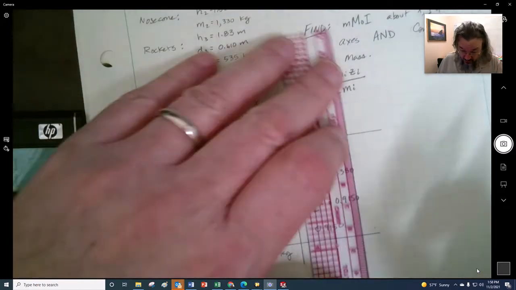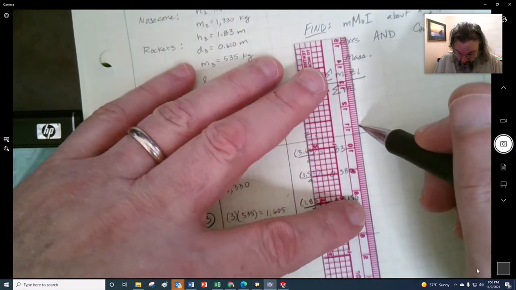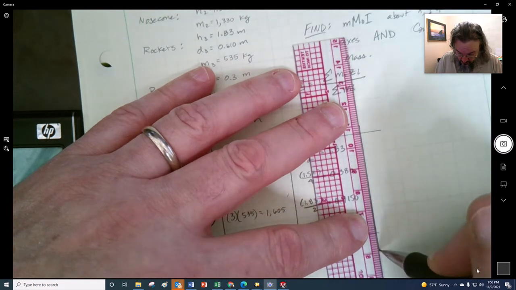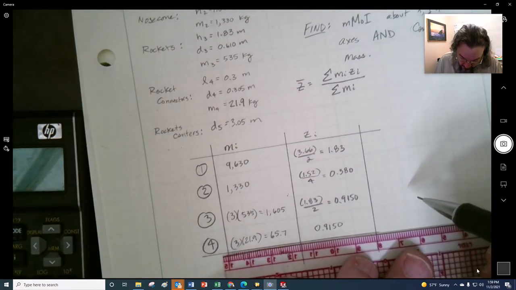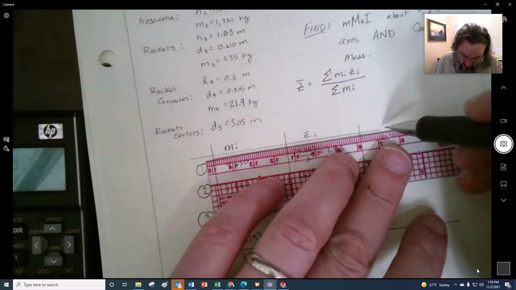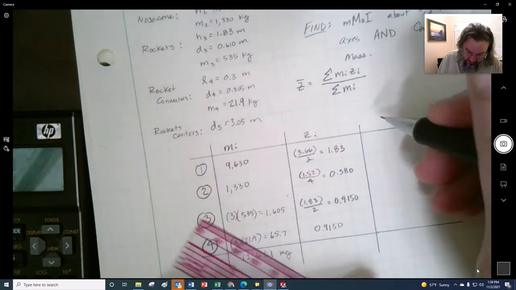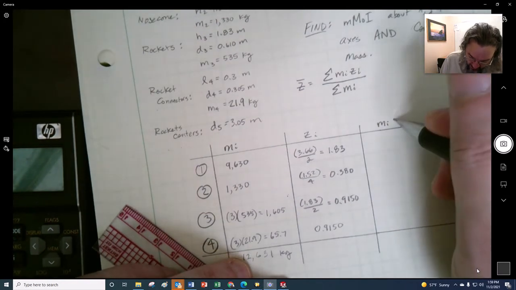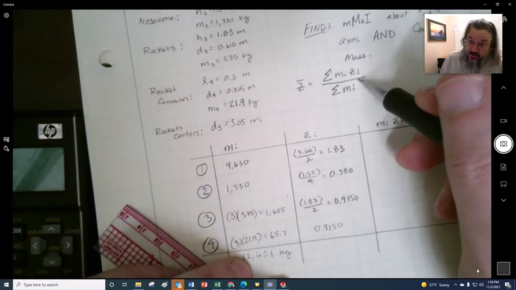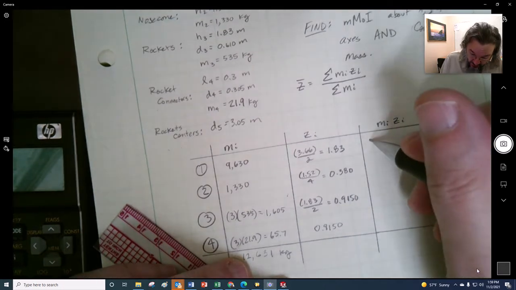And now what we want to do is make another column and just add these two together, right? Not add them together, multiply them together. So this is m_i z_i, the same thing as we have up here, but we'll just multiply these.